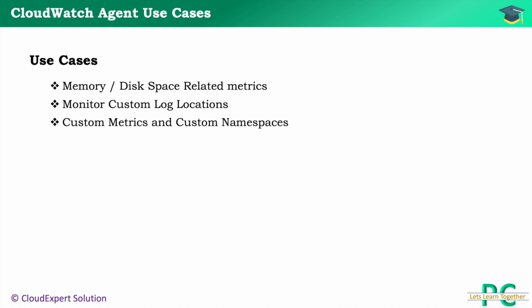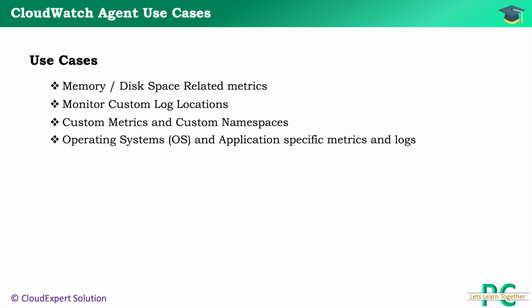Next, if you want to create any custom metrics and custom namespaces, by default CloudWatch will provide all the system level metrics. But if you have a requirement where you need any custom metrics or you want to create a metric with a custom namespace, in that case you have to install CloudWatch agent and you can send those metrics from your EC2 instances or even from containers.